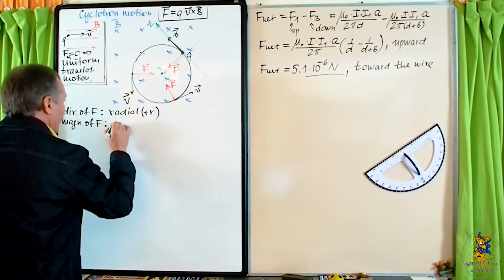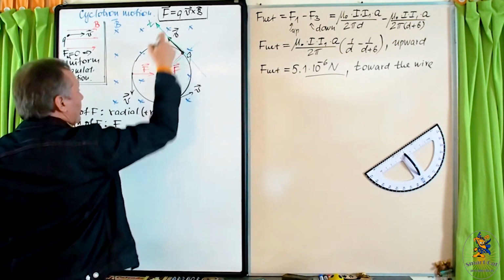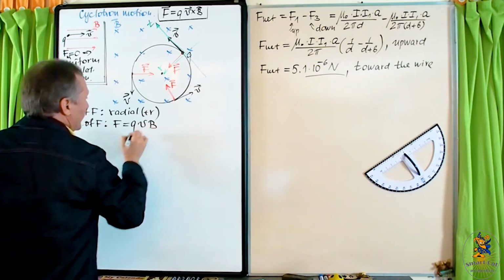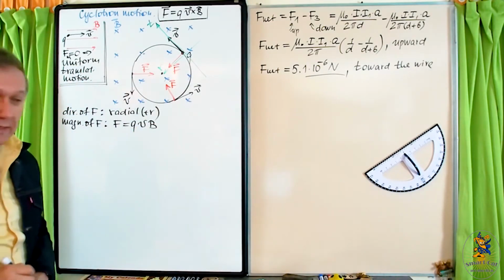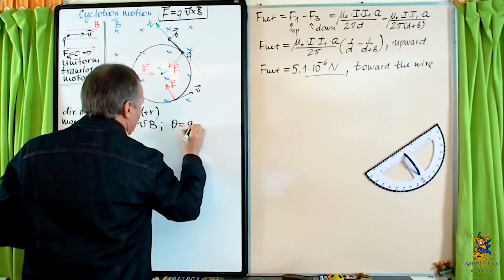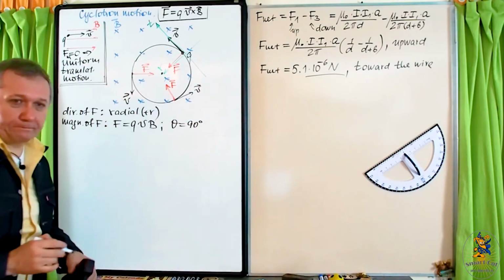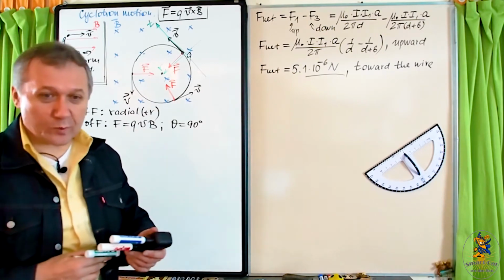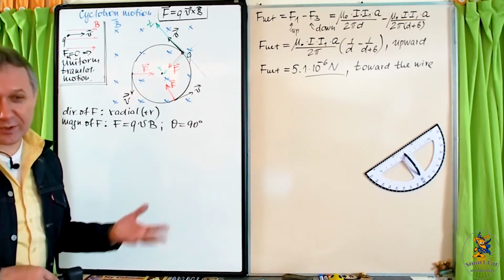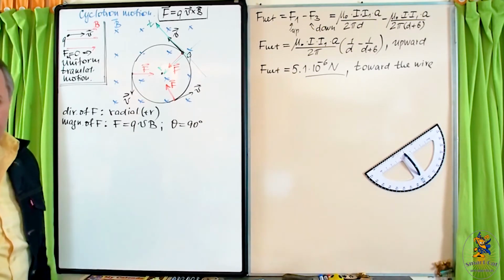As a result, the magnetic force will be QVB, because the angle between them is 90 degrees. Let me emphasize that: theta is 90 degrees. Now we know all the information about the force, and now let's apply Newton's second law.